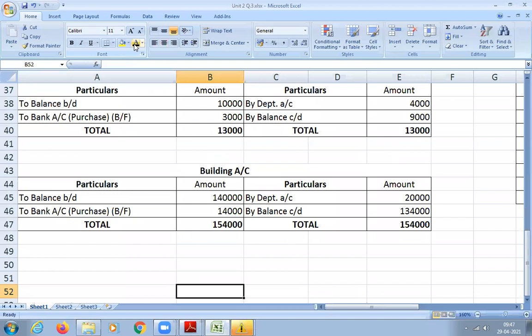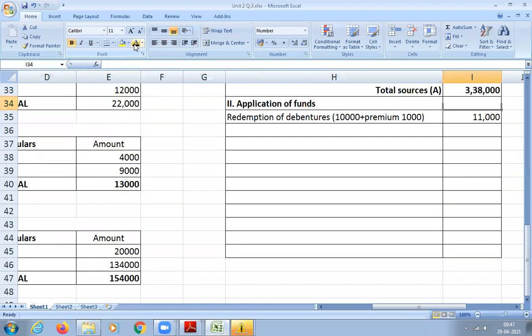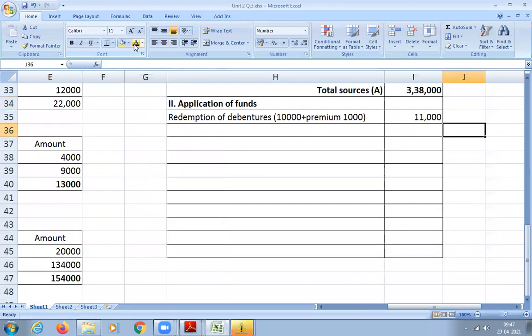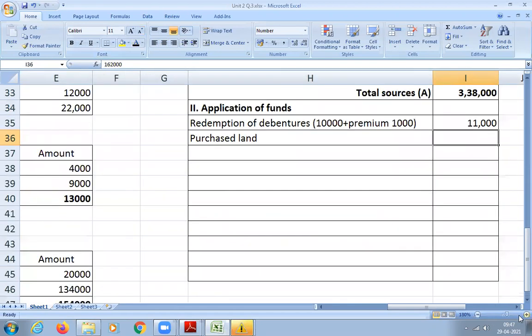Building purchase is there. So there are three purchases. Let us write them now one by one. First one, purchase of land. How much is the land purchase?